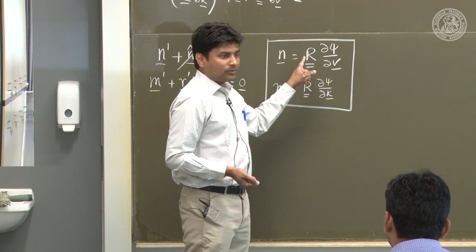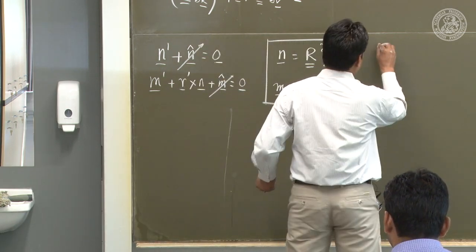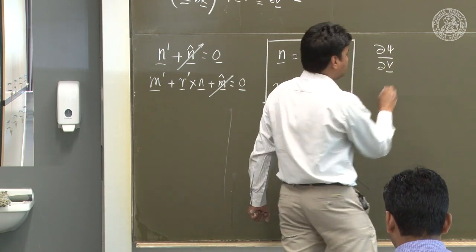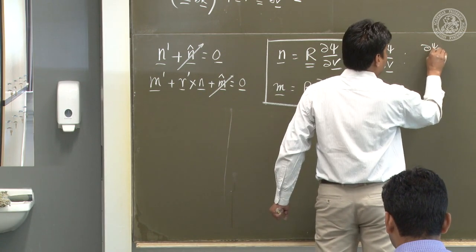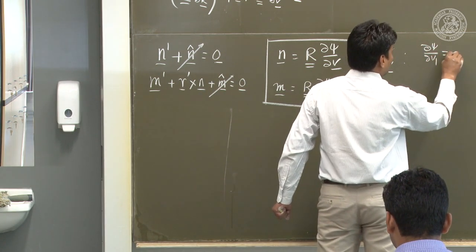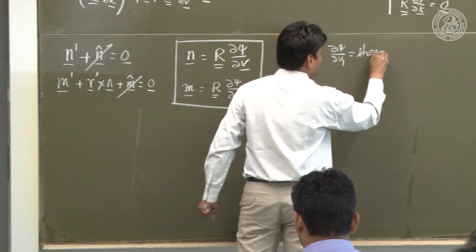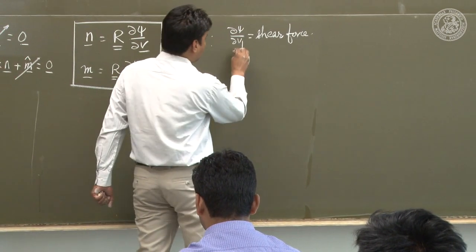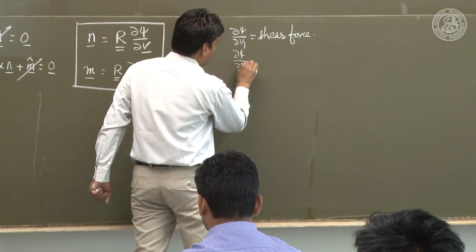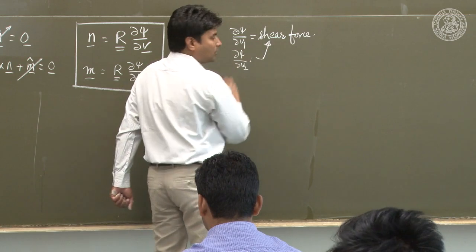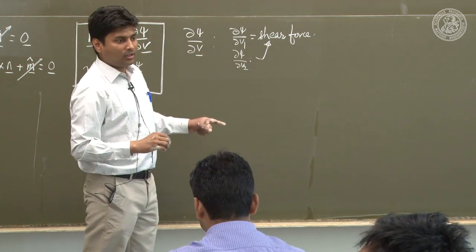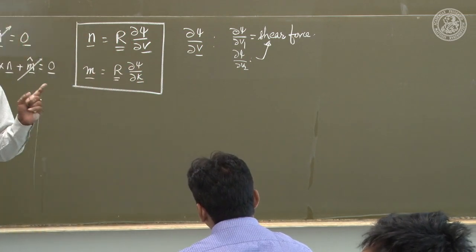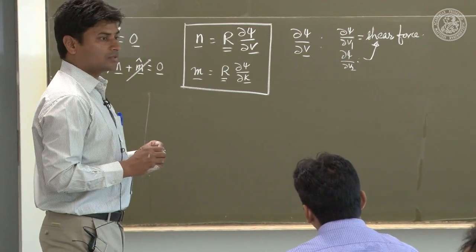If you don't multiply with rotations, then del psi by del v1 will be the shear force, the force along d1. Similarly, del psi by del v2 will also be the shear force, and del psi by del v3 will be the axial force. We'll work that out in a nicer fashion in the next class.